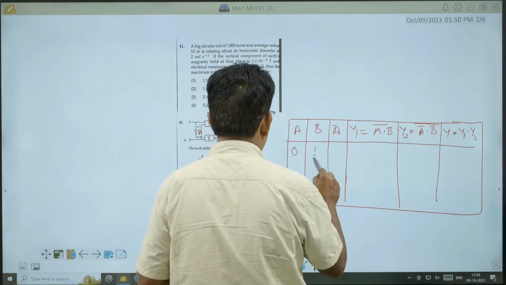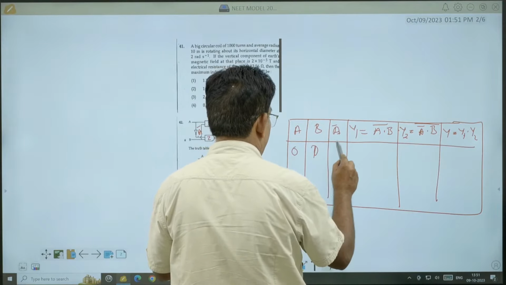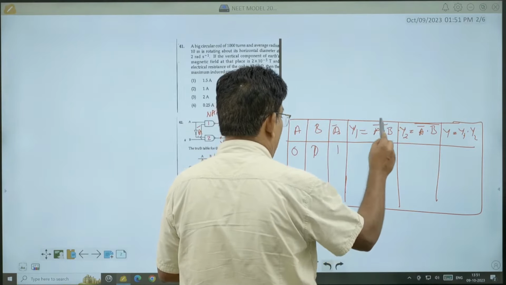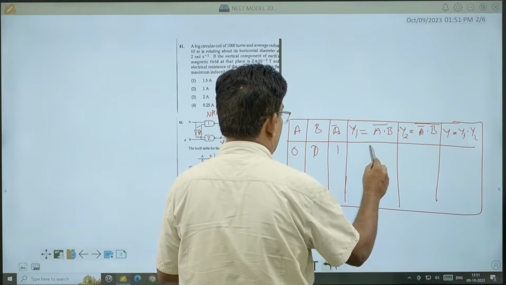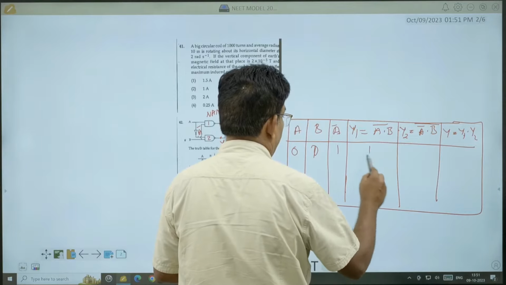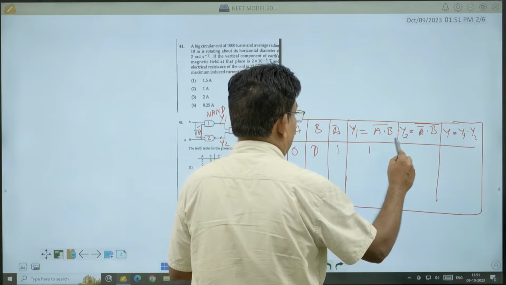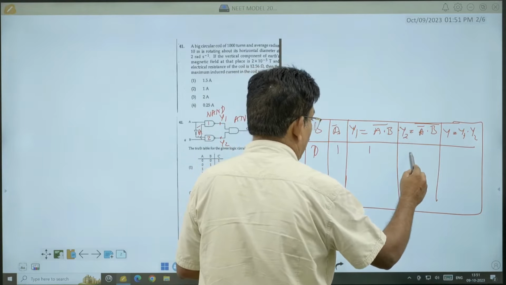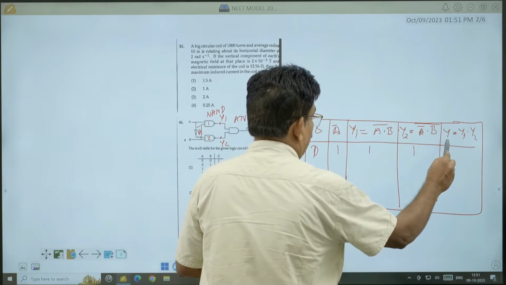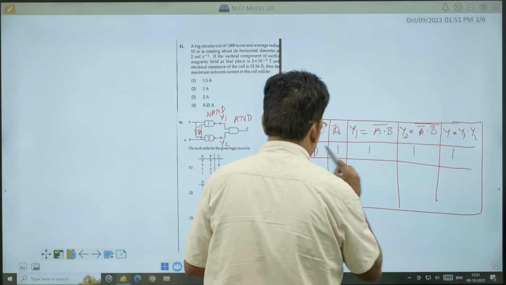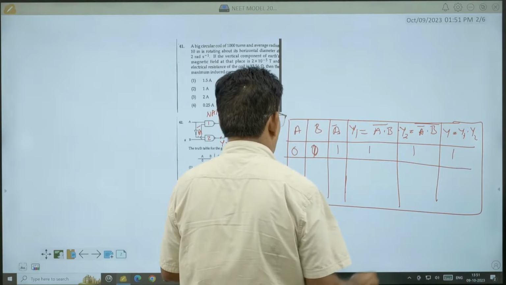A 0, B 0, A bar 1. What about Y1? A and B bar. A and B is 0, bar will be 1. Y2, A bar and B. A bar and B is 0, but A bar and B bar, that will be 1. And Y will be Y1 and Y2, that is 1. So what are we getting? A 0, B 0, 1.